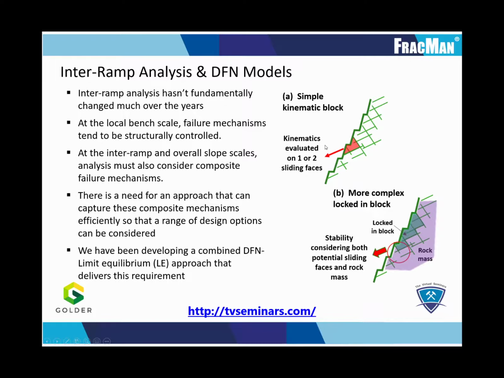However, at the interramp scale, analysis must consider a composite and complex failure mechanism, including both kinematic and rock mass. So these need to be captured efficiently to allow a range of design options to be considered. Over the last couple of years, we've been developing a combined DFN limit equilibrium approach that we believe delivers this requirement, offering a step change in interramp design approach.